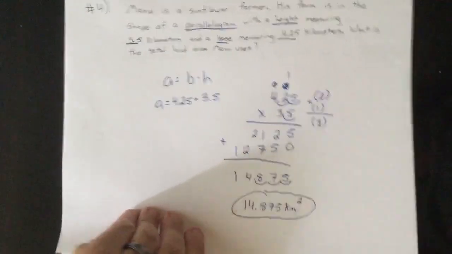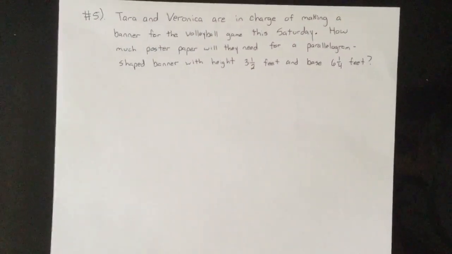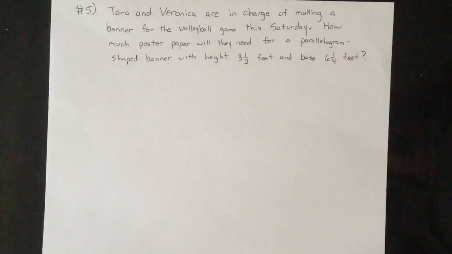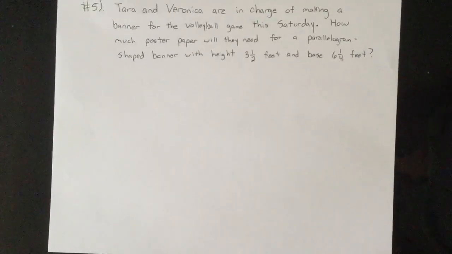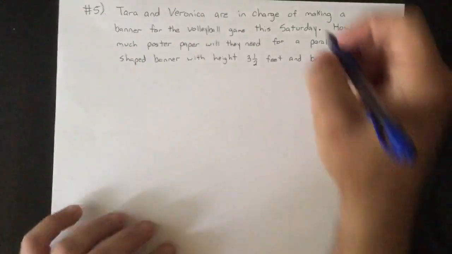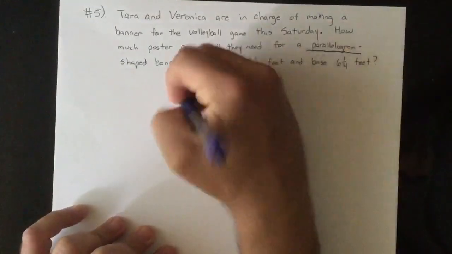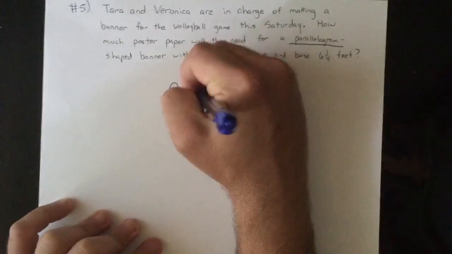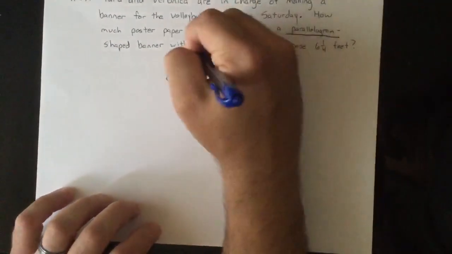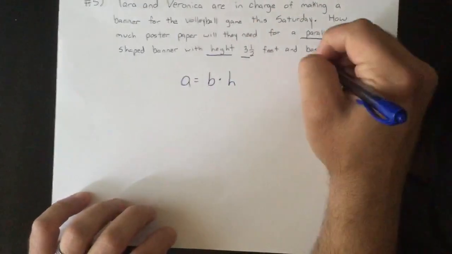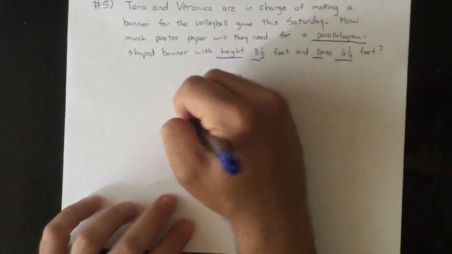All right, 2 more. Tara and Veronica are in charge of making a banner for the volleyball game this Saturday. How much poster paper will they need for a parallelogram? So again, that is base times height, shaped with a height of 3.5 feet and a base of 6 1/4 feet.